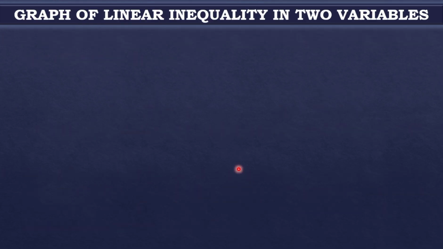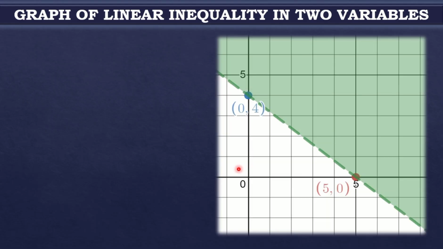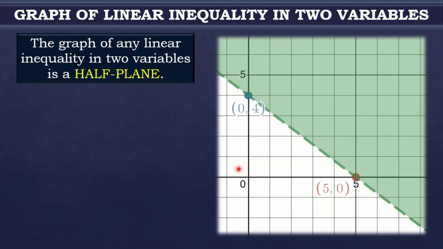Okay. So the graph of a linear inequality in two variables is a half plane. So, ulitin ko, the graph of any linear inequality in two variables is a half plane. So, tatandaan po na kapag nag-graph tayo ng linear inequality, ganito po ang makikita natin sa graph niya. Meron siyang line. Etong line na to, it can be solid or broken line.